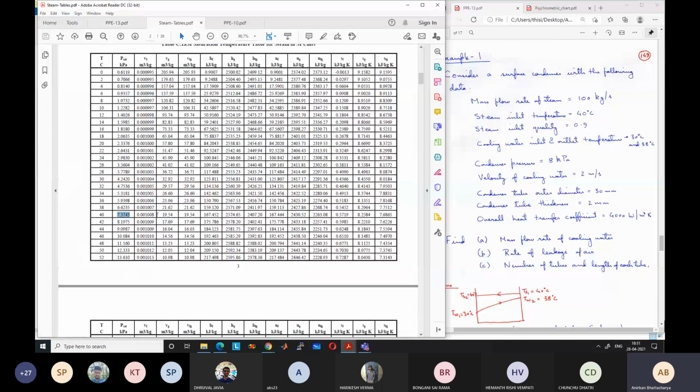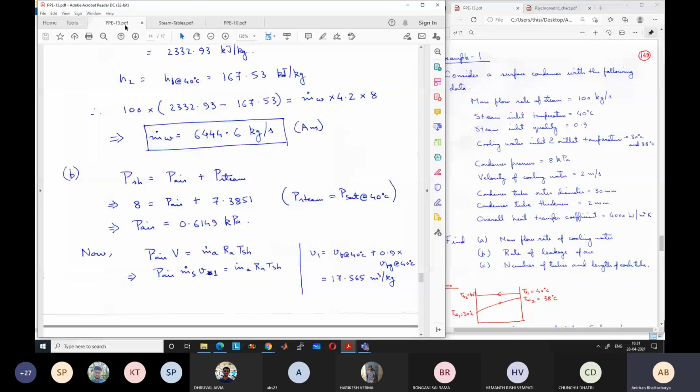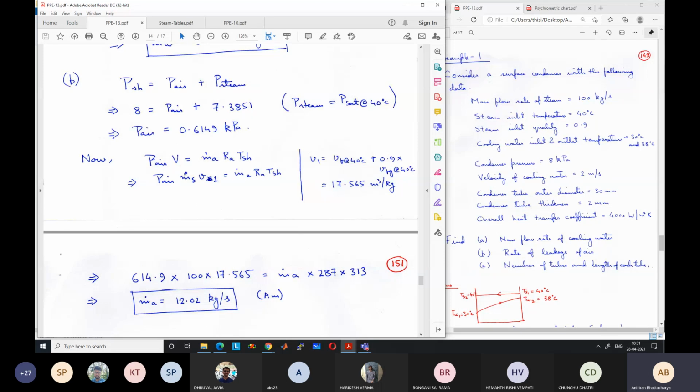Using this, instead of kilopascal, if I write in Pascal, 614.9 Pascal into 100, the mass flow rate of steam, into 17.565, specific volume of steam, is equal to mass flow rate of air into 287, because I have written in Pascal, this is also in joule per kg Kelvin, 287 into 313, which is the temperature. If I had written this in kilopascal, then I would have to write this as 0.287 in kilojoule per kg Kelvin.